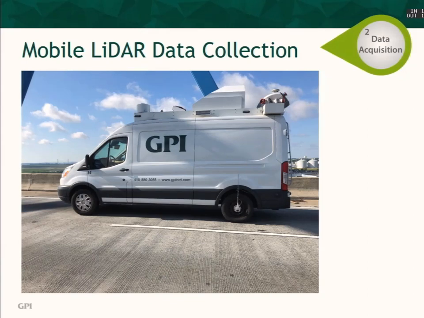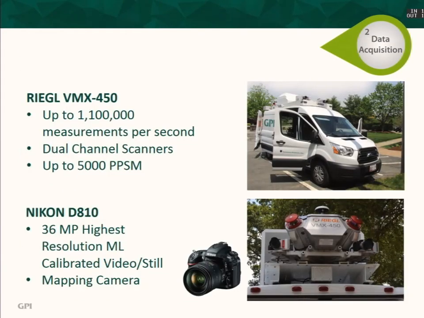This is one of our two mobile LiDAR vans. We'll get to see closer-up pictures, but these sensors can emit up to 1 million points a second. Pretty powerful point cloud. And it's got a dual channel system, so you've got one laser here and one laser there, and a GPS antenna on the top.